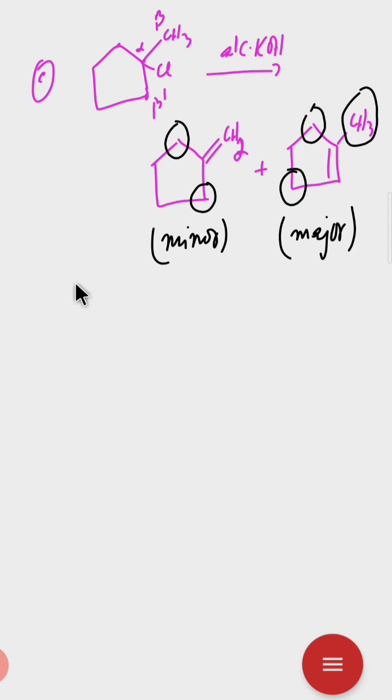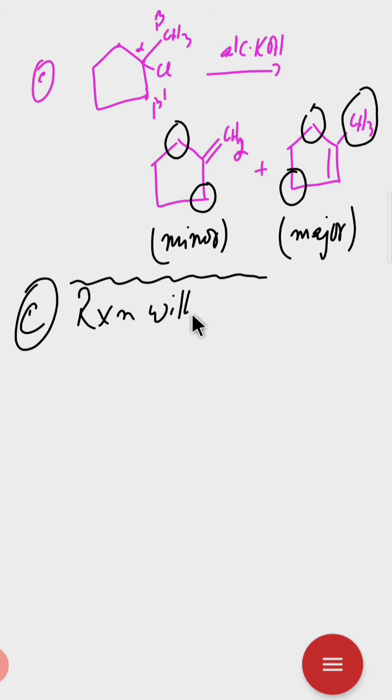Okay, these are some examples of elimination reactions of haloalkanes. Let me talk about the third type of reactions of haloalkanes, that is reaction with metals, right? Here two metals are mentioned in NCERT. Let me write the example here.